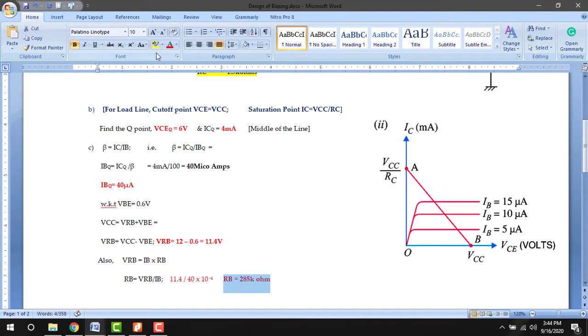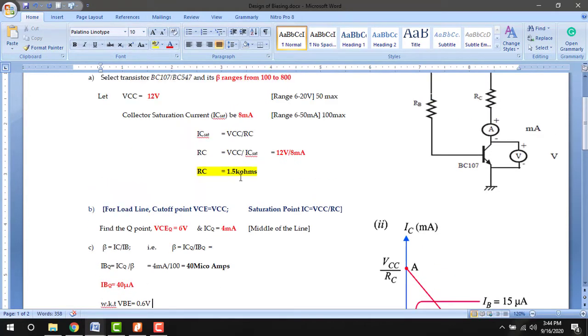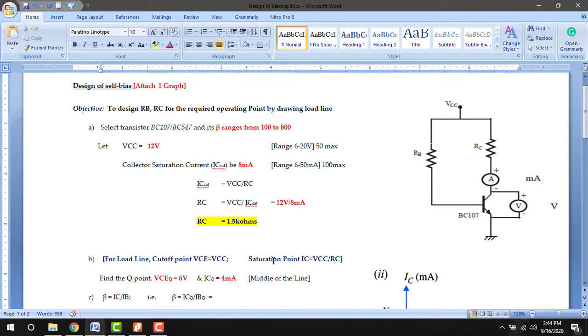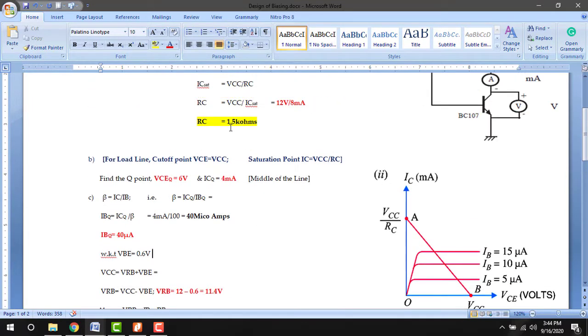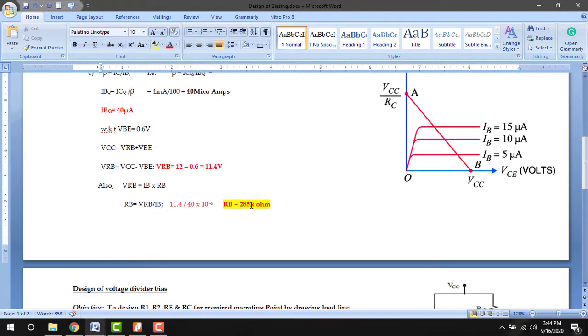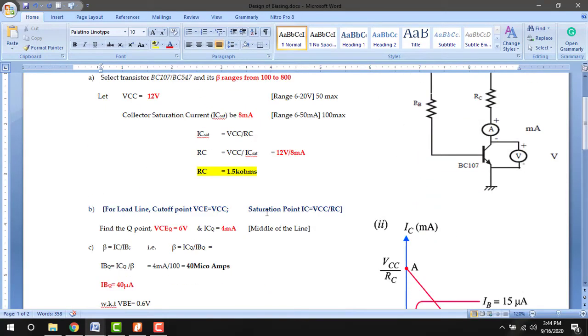So we designed both the RB value and RC value. Suppose in the laboratory we use the RC value as 1.5 kilo ohm and the RB value as 285 kilo ohm. The voltmeter should be 6 volt and the ammeter should be 4 milliamps. So this is our need.